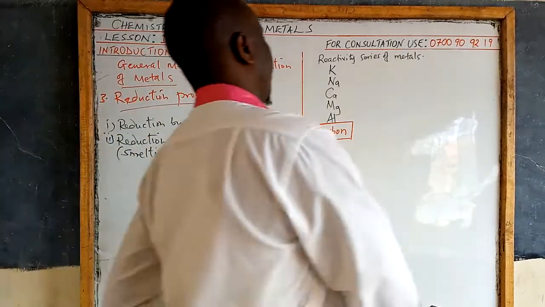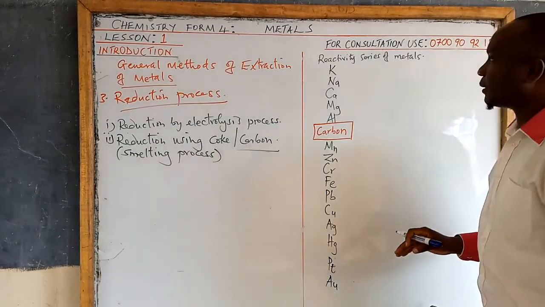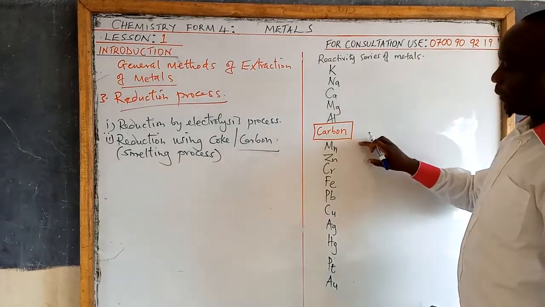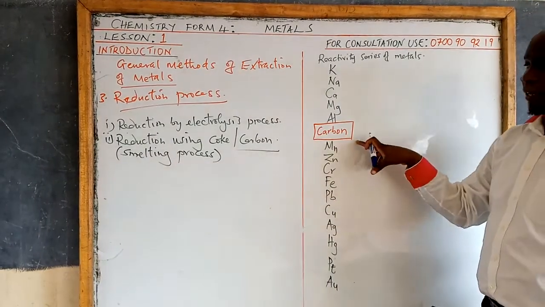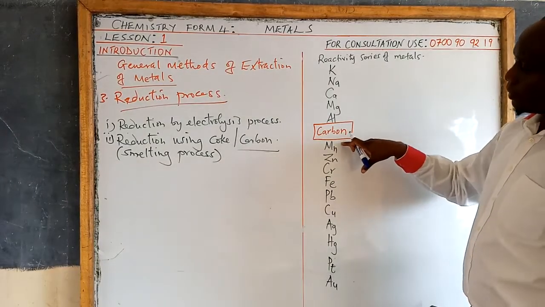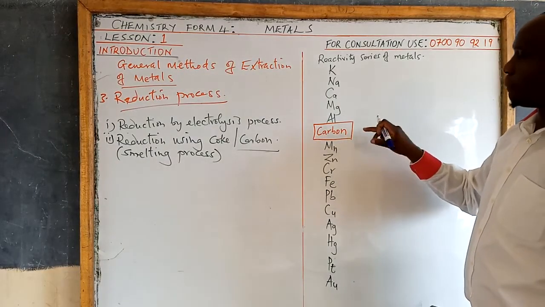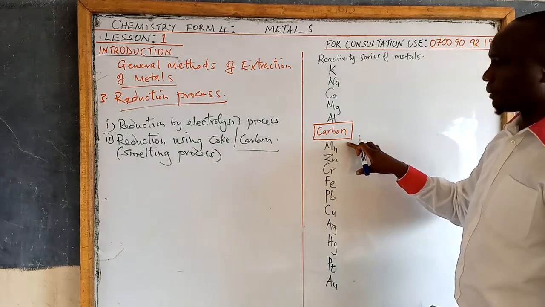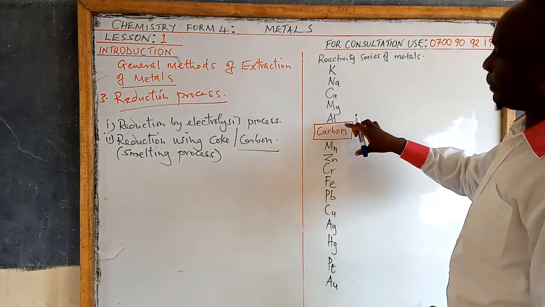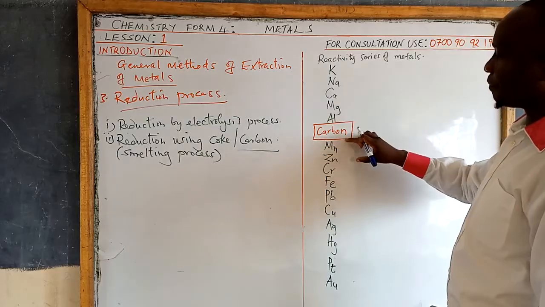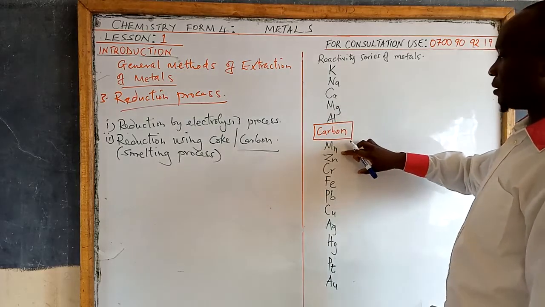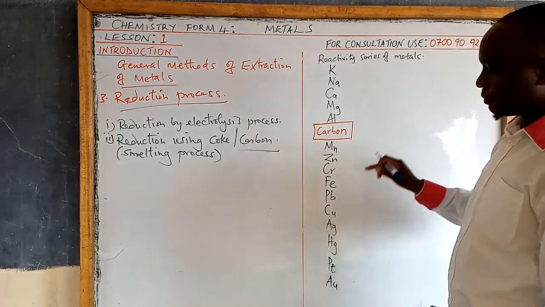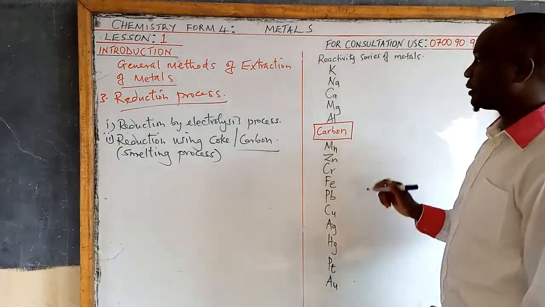So here we have the reactivity series of the metals as we commonly know it. Now, I have placed carbon. Carbon is not a metal, but I've placed it in the reactivity series to show you the position of carbon. It can be placed between aluminium and zinc, or that is aluminium and manganese. We rarely discuss this, but I'll also point it out because that is the position of manganese in the reactivity series.